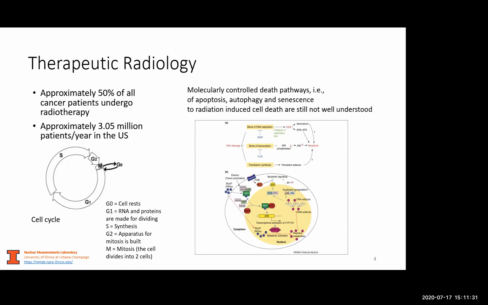I like to discriminate them in two main categories: those damages that directly affect the cell cycle, which you see represented on the left side of the picture, and the directly molecularly controlled pathways.